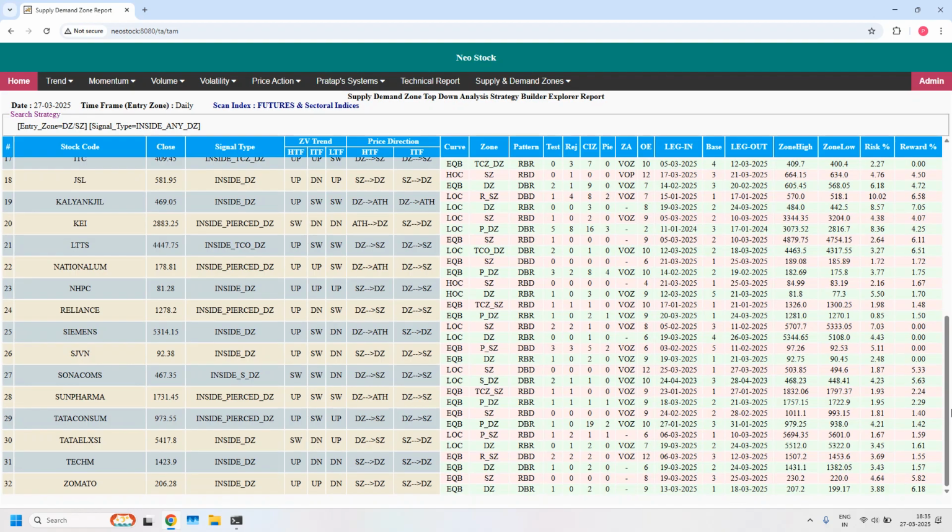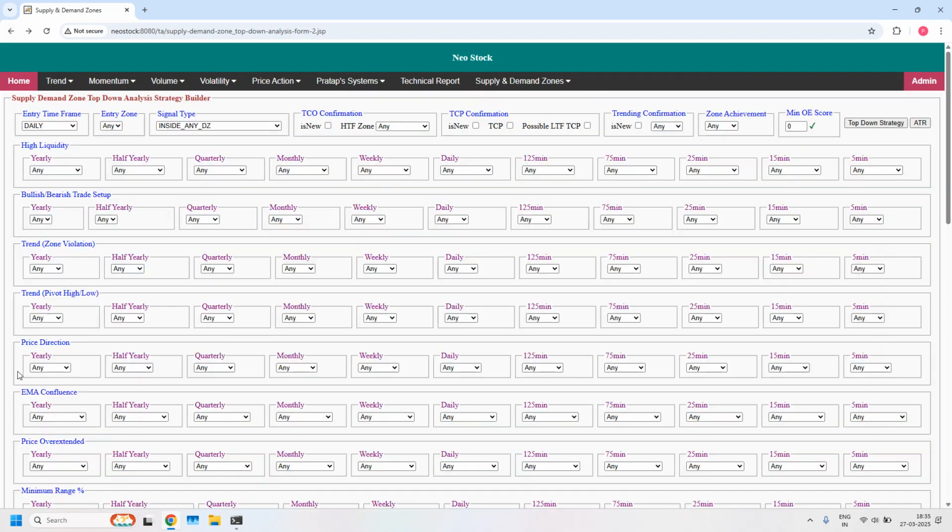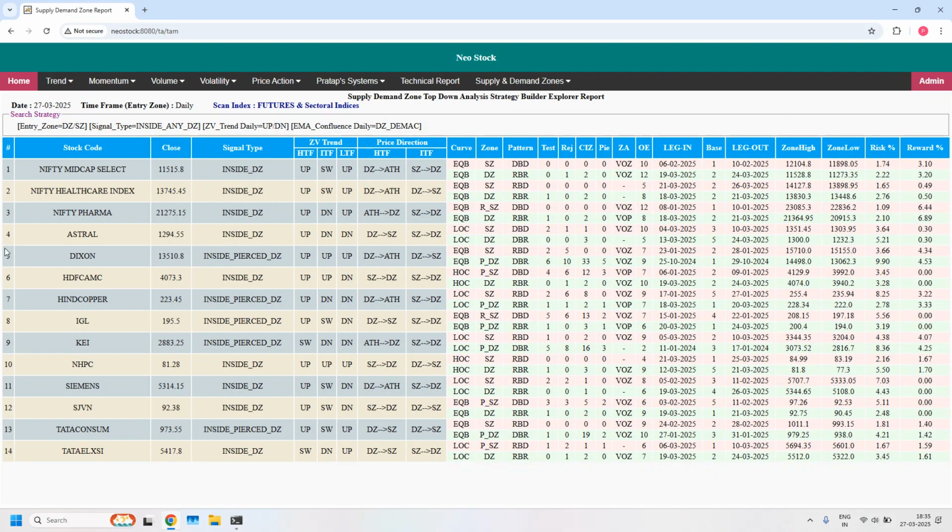We can further filter this list based on daily demand zones having daily EMA confluence. So in the EMA confluence at daily time frame, setting the filter: daily demand zone having daily EMA confluence, and the trend on the daily should not be sideways. It can be up or down. Now we got 14 stocks.